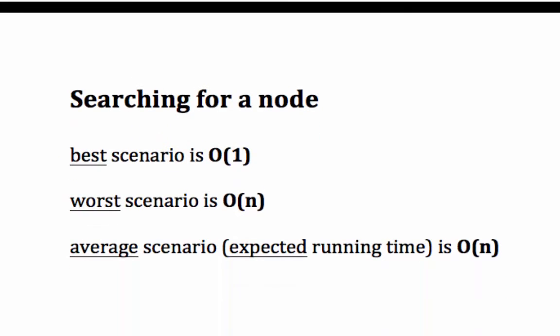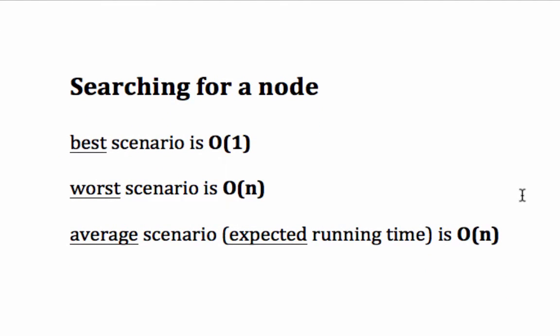What about other operations? Well, we have the following, which we implemented at different times. So searching. The best scenario is O(1). And why is that? Because the value that we're looking for is at the front of the list. We know where the front of the list is. On the other hand, the worst scenario will be that the value that we're searching for is toward the end of the list, which means we're going to end up traversing all the list, all the values, or most of them.